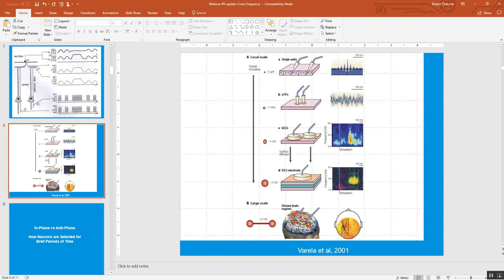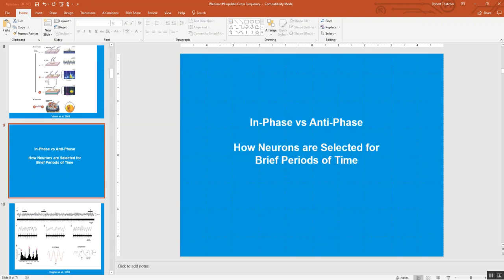And the summation of the electrical field potentials, which can be seen here in IEEG with larger extracellular electrodes, is what the EEG is. And then from the scalp surface, you're looking at the summation of many more synaptic potentials represented by these local field potentials, which actually relate to the probability of discharge in large masses of neurons for brief periods of time.